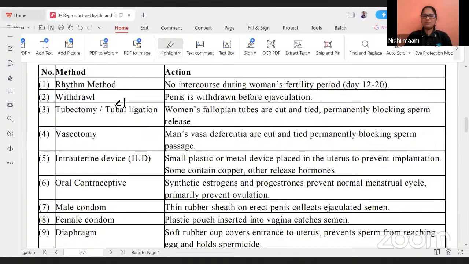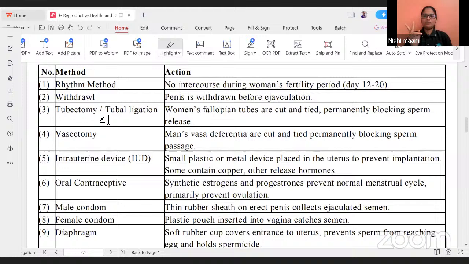Withdrawal means the penis will be withdrawn during intercourse when the sperm is about to be released. This is called ejaculation. Before ejaculation, the penis will be removed.